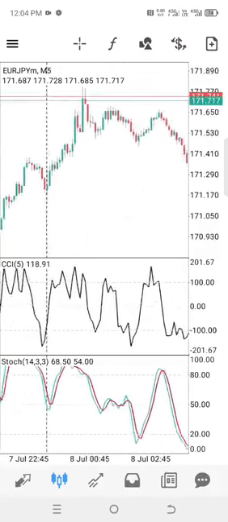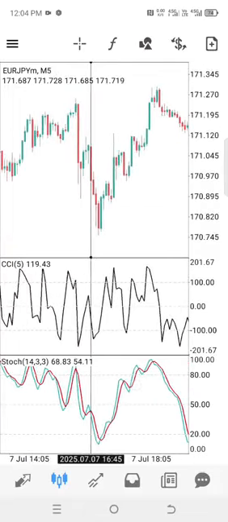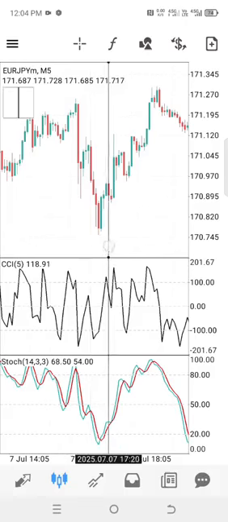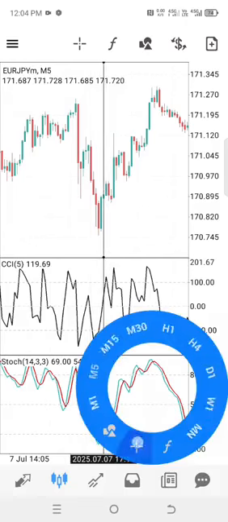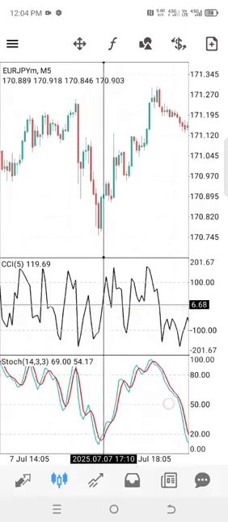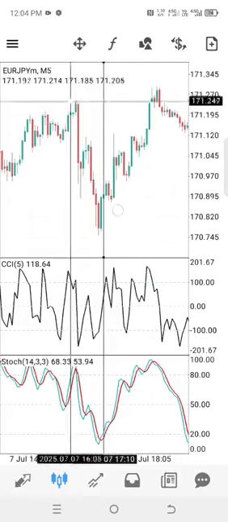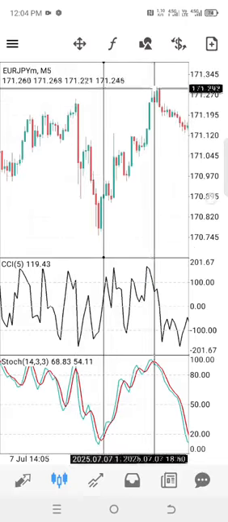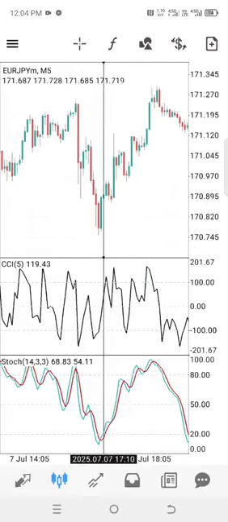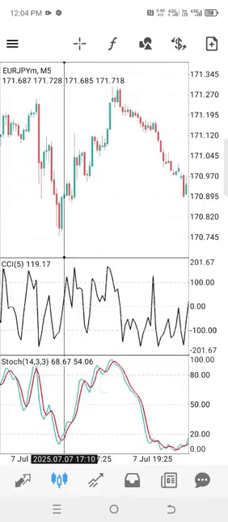You go to your M5, wait for the CCI to touch level 0, then you storm into the trade. Place your stop loss here, target the most recent high, and here you go. Price went and even moved past it, guys. Very simple strategy, guys.